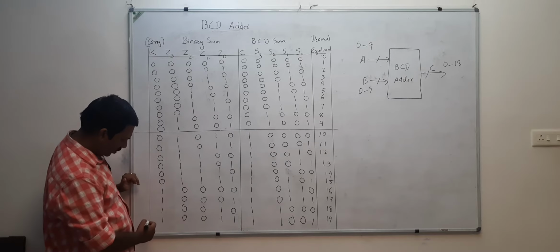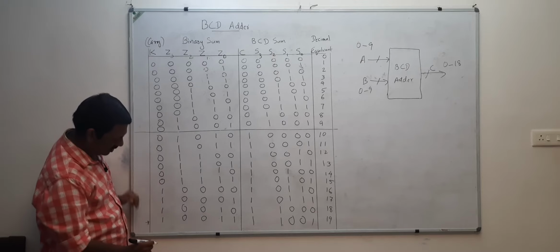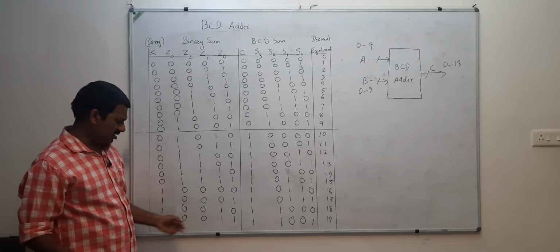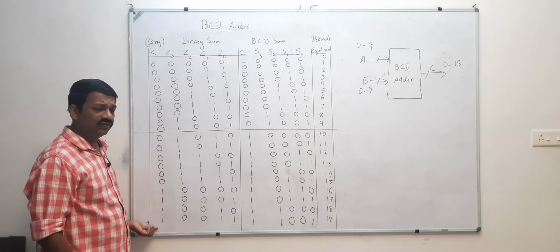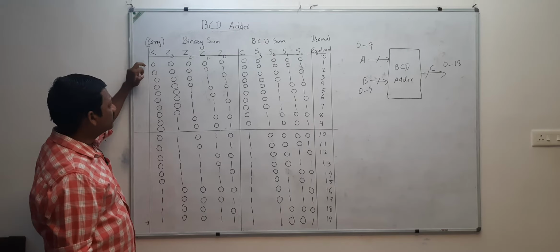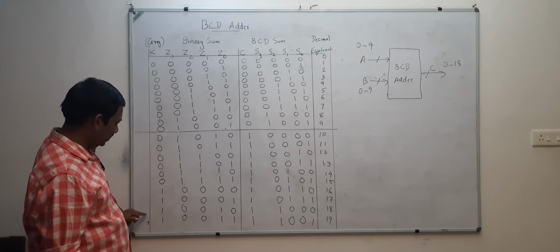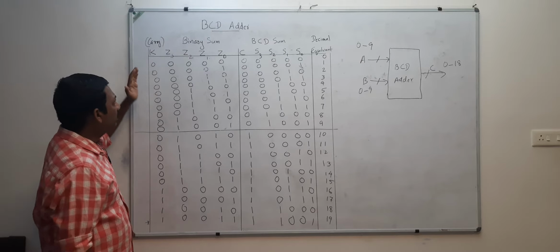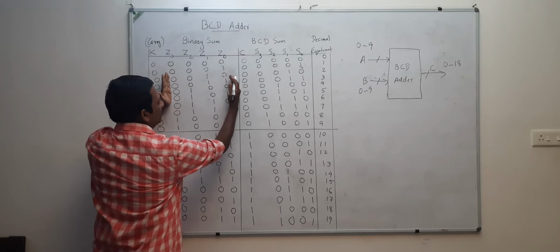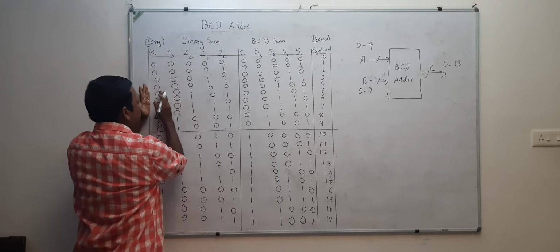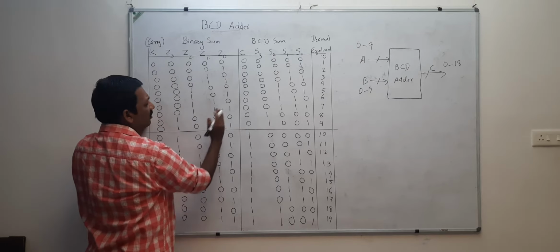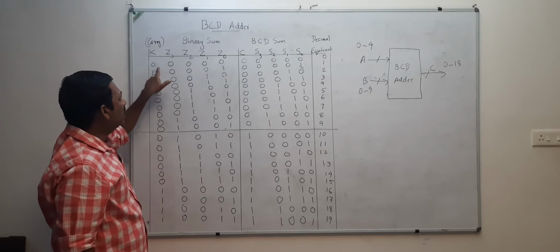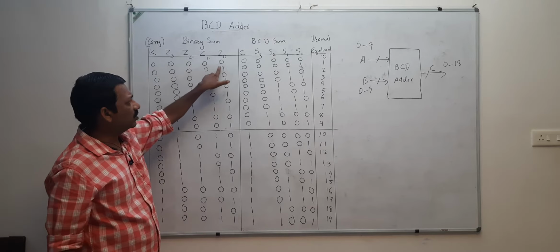That means we have to exclude this: 19 won't come. It is from 0 to 18, with this being the 4-bit portion and this the carry portion. These two collectively form the number.